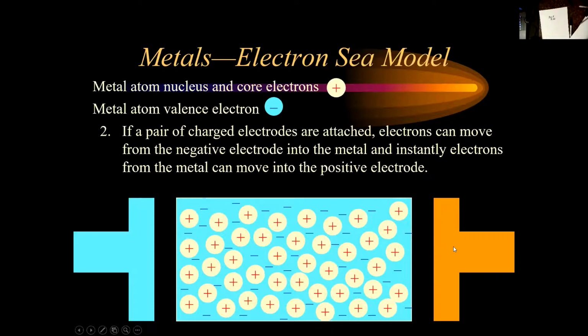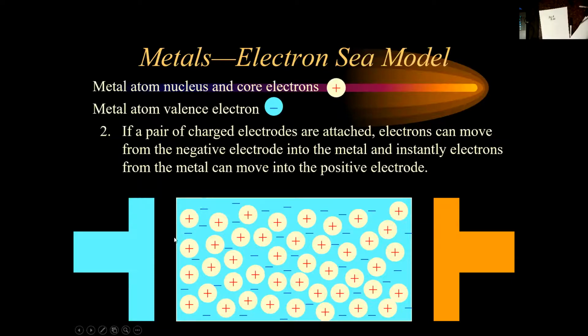That's why metals are good conductors of electricity, and they're good conductors of heat, because if I put heat energy in here, the electrons on this side in this sea start vibrating with the energy, and that moves it all the way to the other side.